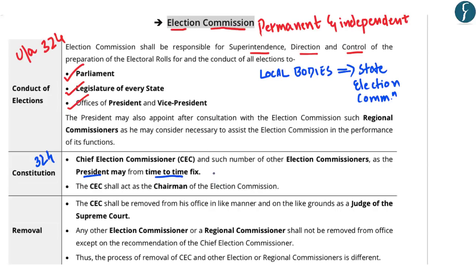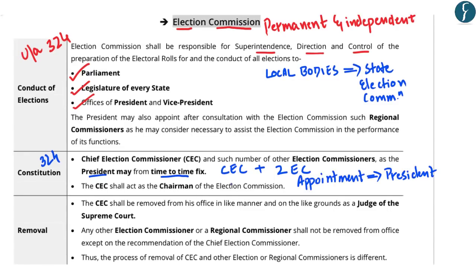But in 1991, the government came out with an act, and since then, the composition of the Election Commission is that it consists of 1 Chief Election Commissioner as well as 2 other election commissioners. Moving on, Article 324 also provides that the appointment of the Chief Election Commissioner as well as other commissioners shall be made by the President.